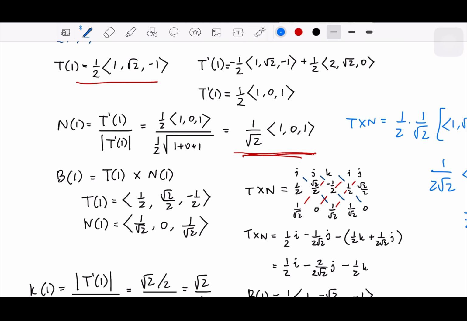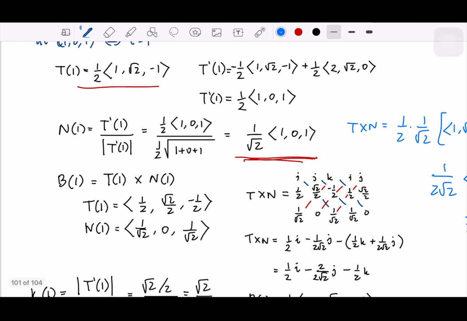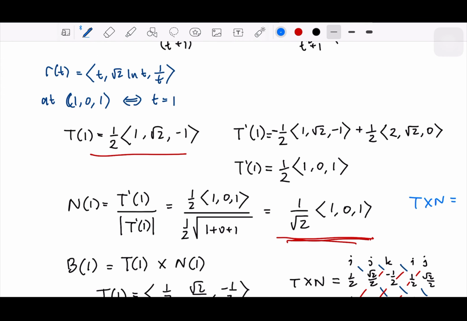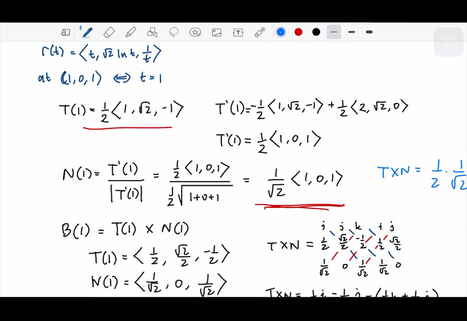But if you make some mistake on this tangent here, you will not get everything correct. So be careful on the first step. Here are all the terms for the normal, binormal, and also the curvature. They depend on the unit tangent. And so the unit tangent will be very essential.